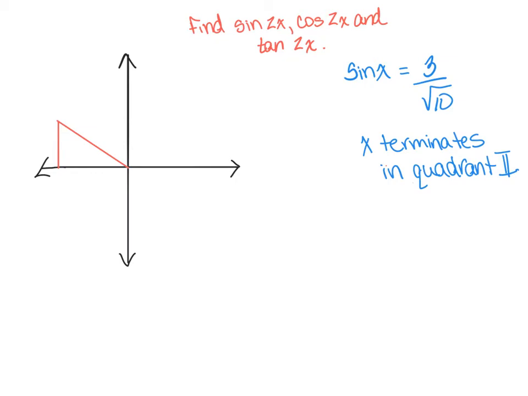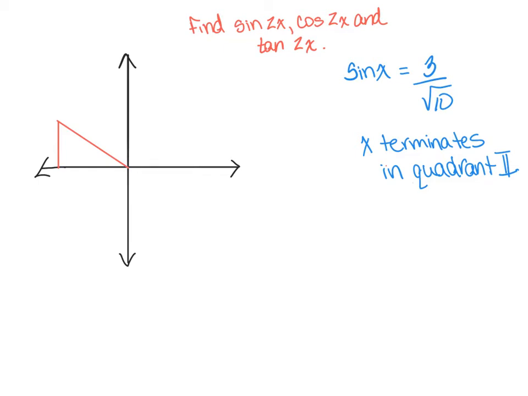And just a reminder, this is quadrant 1, and when we are in quadrant 1, our x value is positive, and our y value is positive. Okay, this is quadrant 2. In quadrant 2, our x value is negative and our y value is positive. This is quadrant 3.